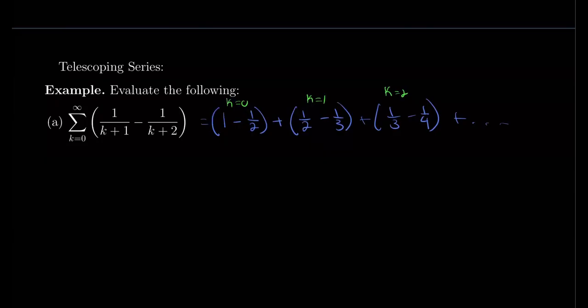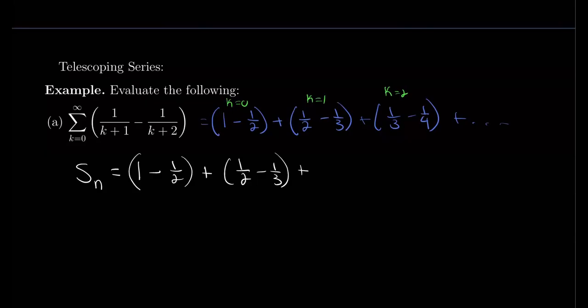So now that I know that it is telescoping, the next thing I do is find a formula for the nth partial sum. So if I wanted s sub 1, it was 1 minus 1/2. That's s sub 1. And then if I wanted s sub 2, I would add in the second one.